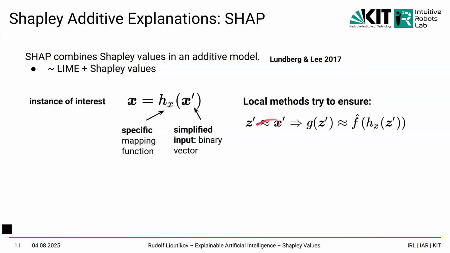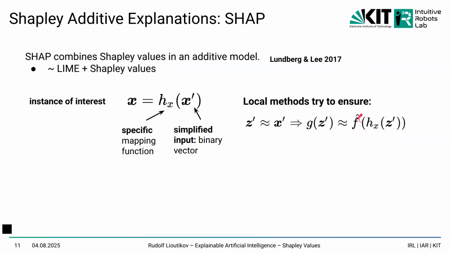So if these two are similar, then these two should be similar too. That's what it means, right? And then this one is the same as f of, so why do we use z here, not x, in this equation?